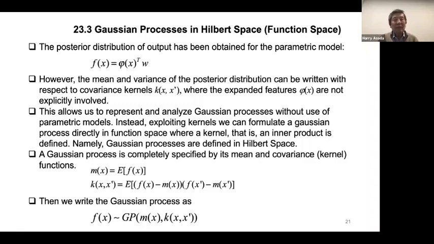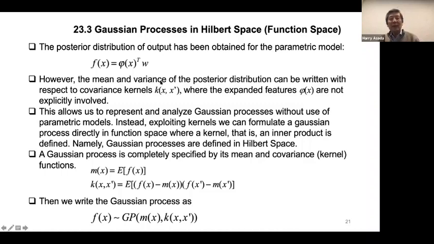The posterior distribution of output has been obtained for the parametric models, right? So we started with this, right? Originally X transpose W, and then expanded to phi, right? That's the kind of historical thing that we did today.